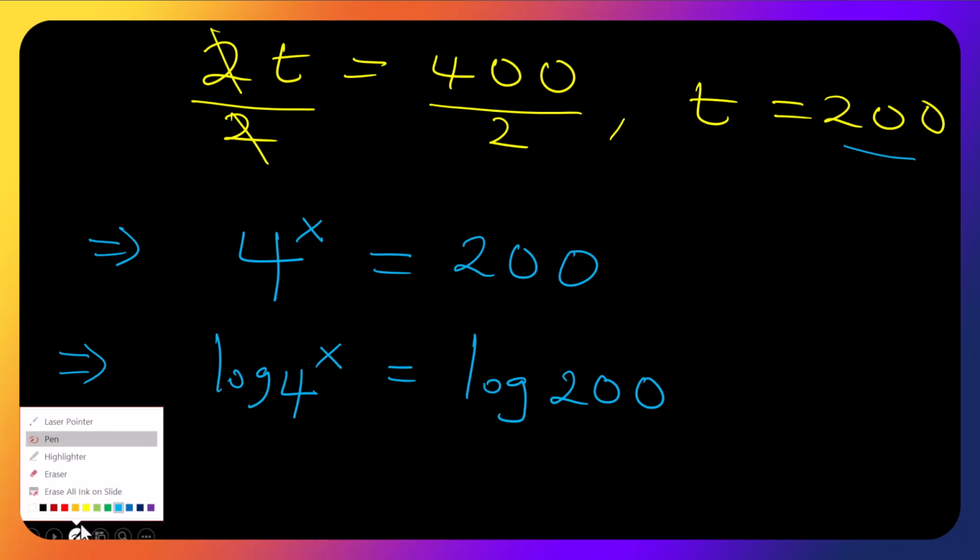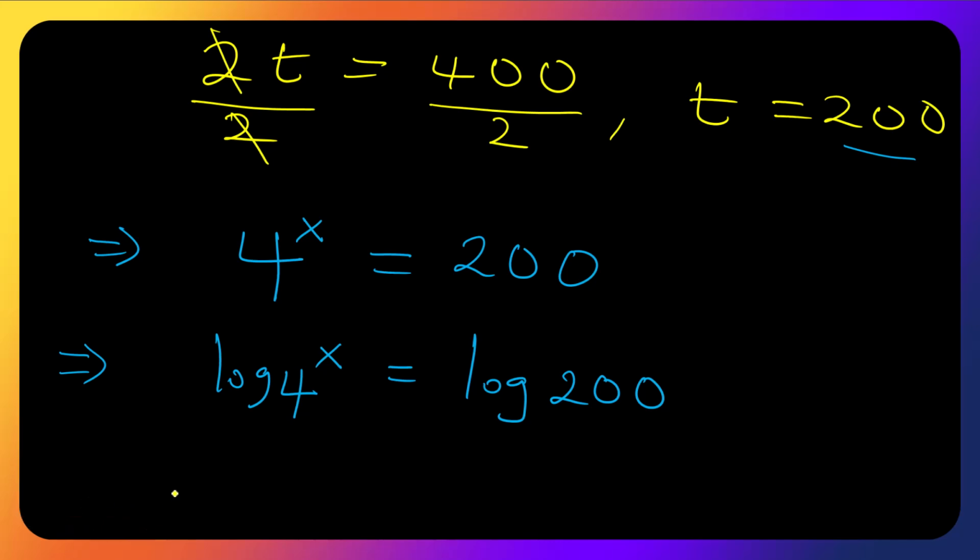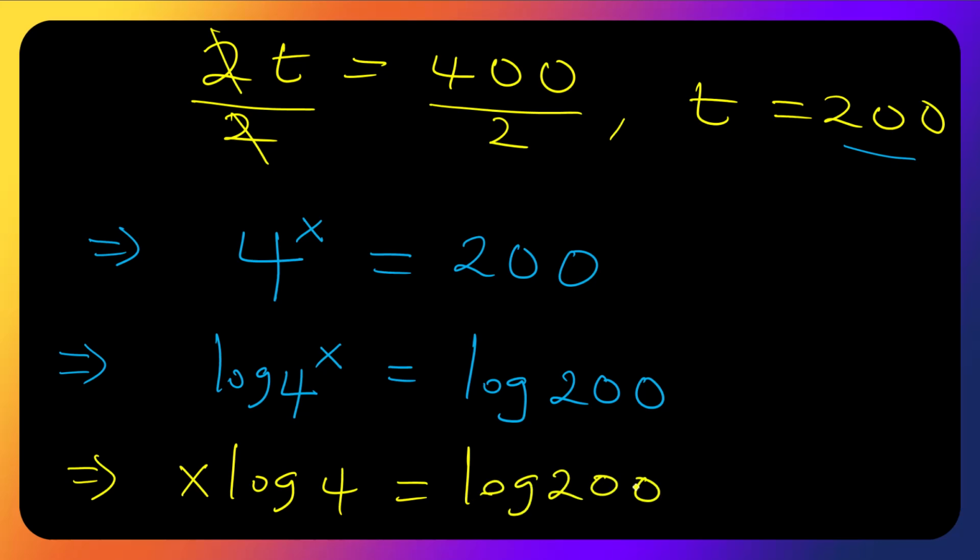So from here, this one is a power rule. Have x log 4 equals log 200.